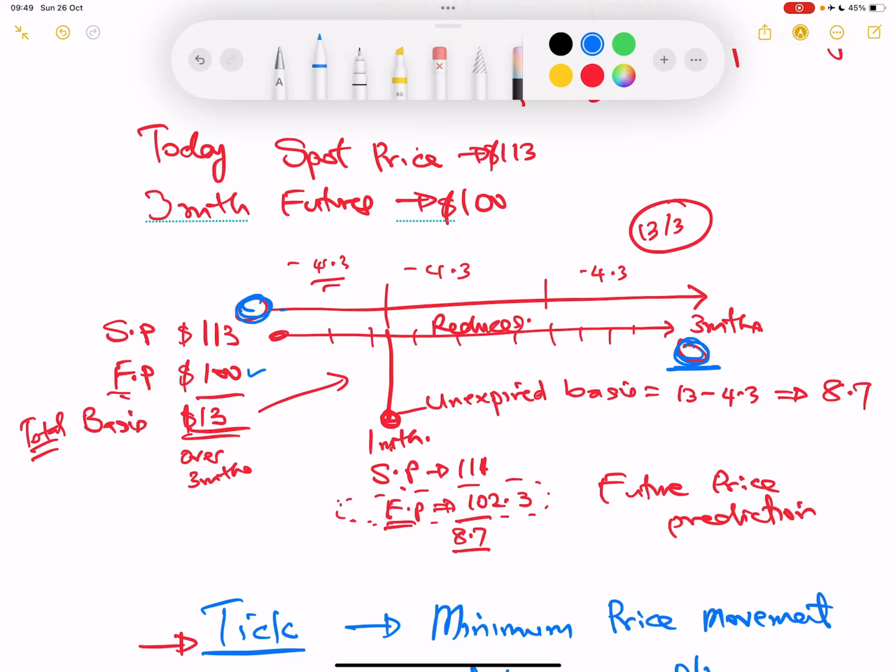And as you move closer to the expiry date, you start having better understanding, real information, real data. Reality is getting closer. You keep adjusting your prediction, and that's why the price of your future will be moving towards the spot price as it approaches its expiry. And by the time it gets to its expiry date, what else are you looking for?